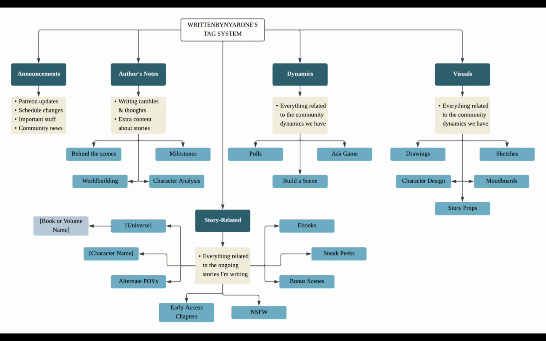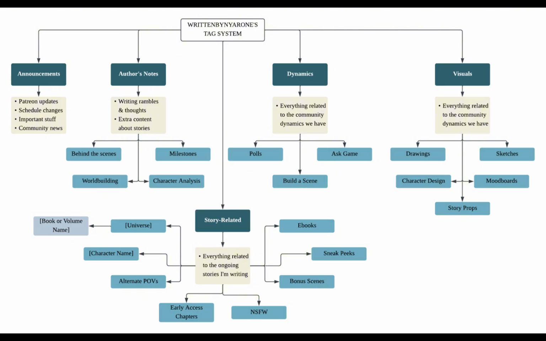After that comes dynamics, which is everything related to the community. I also have visuals, which covers things like character art, mood boards, maps, aesthetic posts, and anything visual resources related to my stories. And finally, there's story related content, which is the biggest category.